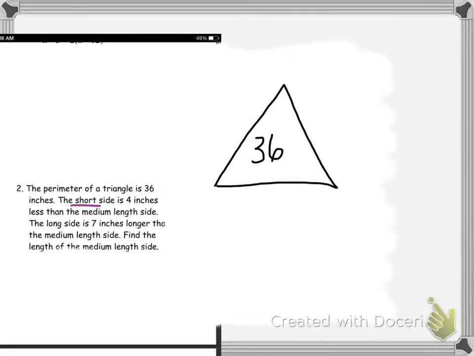I got a short, a medium, and a long. A short, that's cursive, people, in case you don't recognize. I don't do print S's because they look like 5s. So small, medium, and large. And I'm using S, M, and L because those are the words they use in the word problem.